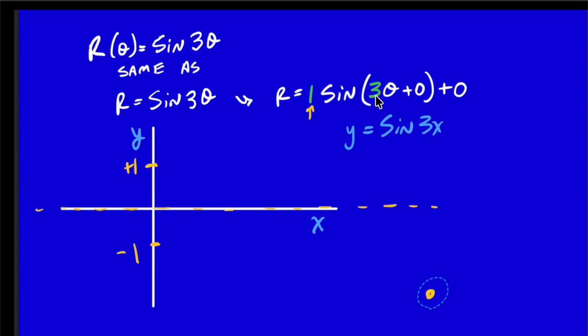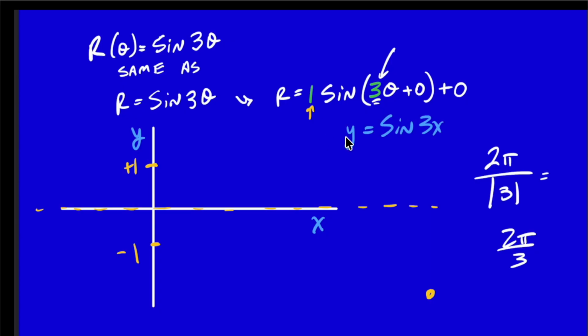Now that 3 right there is going to determine the period. Normally the period for sine is 2 pi. However, we're going to take the period, which is 2 pi, and divide it by the absolute value of that 3. So the period of this function is going to be 2 pi over 3.